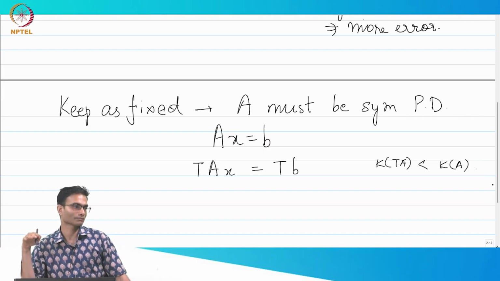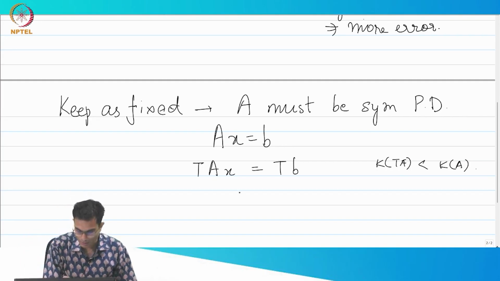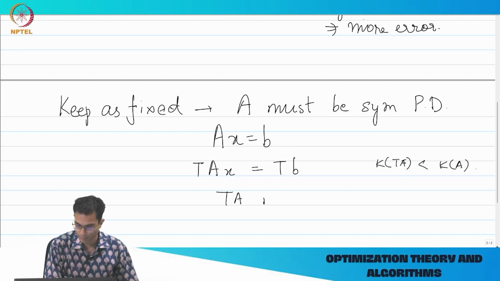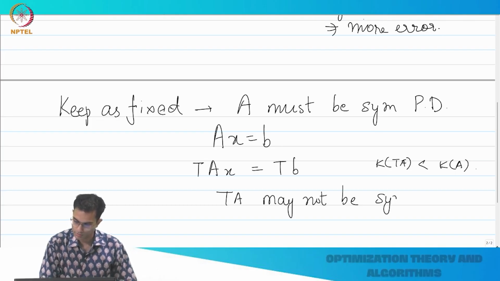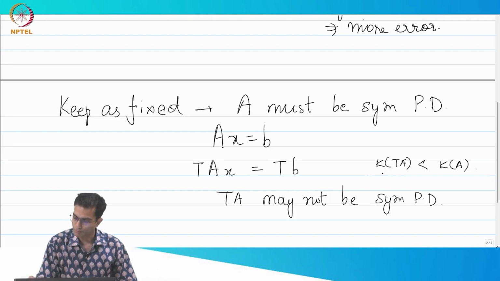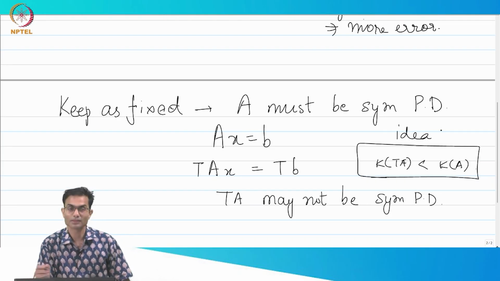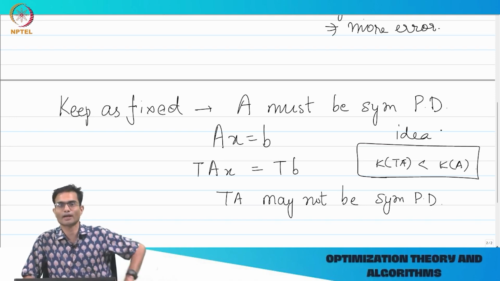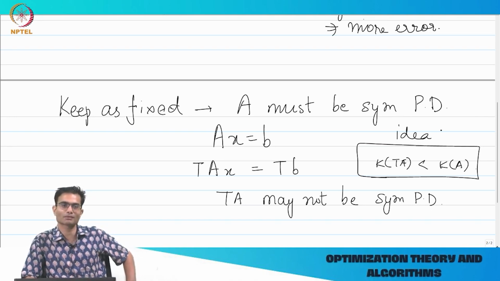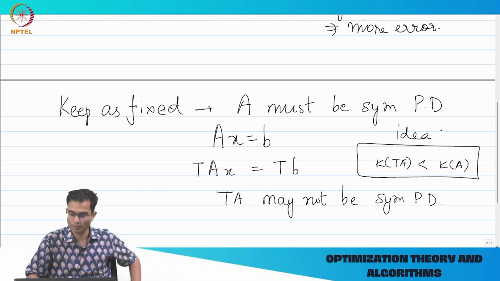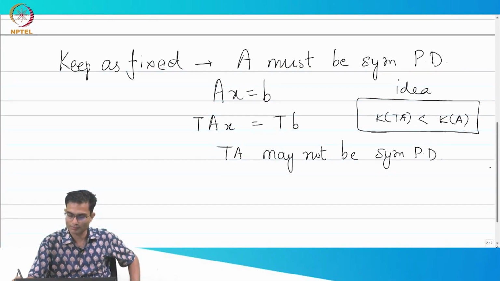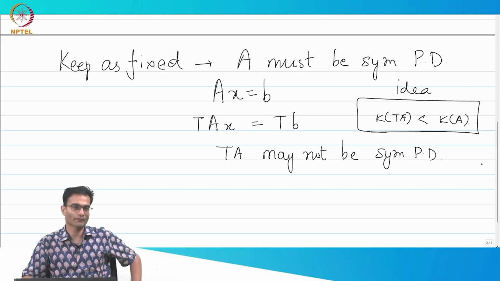That is not guaranteed, right? So T times A may not be symmetric positive definite. But this motivation which you had, this idea, is the essential idea. This is the only knob we have in our hand. If we can somehow make the condition number better, then there is some hope. So this looks like a small roadblock along the way.